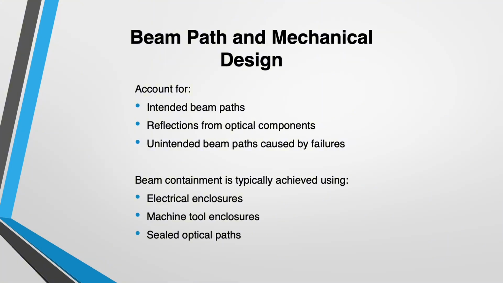From a mechanical design standpoint, beam containment is typically achieved by electrical enclosures, machine tool enclosures, or sealed optical paths. These designs must align with standards like IEC 60204 and NFPA 79, especially when integrated with electrical systems.